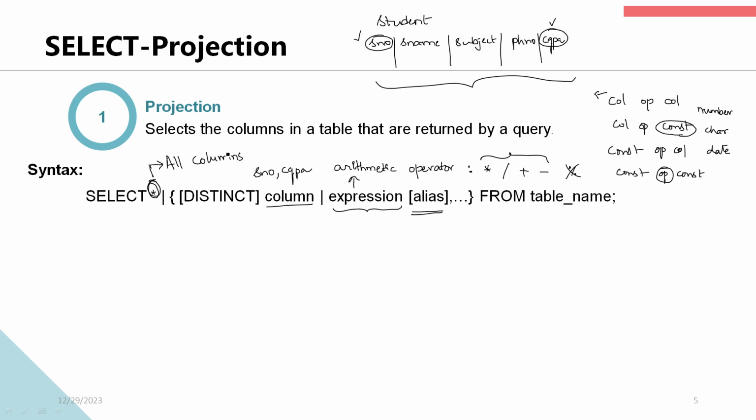Okay. So the minimal number of clauses which are needed in order to work with this projection capability is basically two. You require only two clauses in order to work with the projection capability. And what are those two clauses? One is the select clause and the second clause is from.